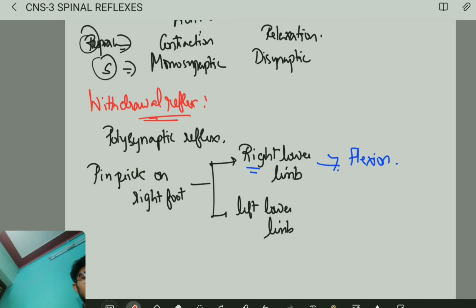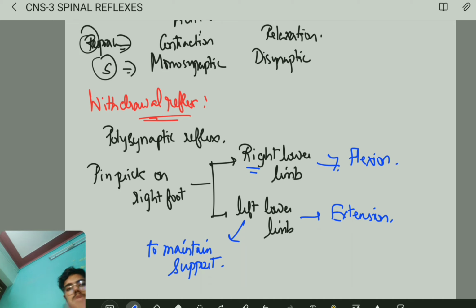Any idea? It is going to cause extension. Why is the left lower limb going to cause extension? To maintain support. That's it. This is about the withdrawal reflex.